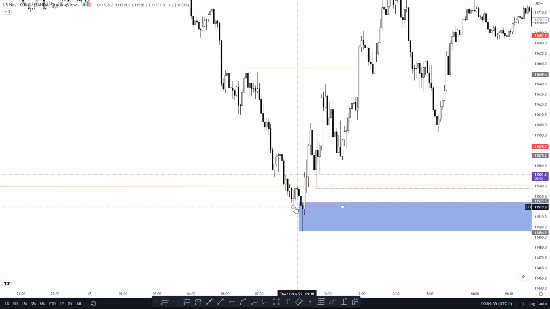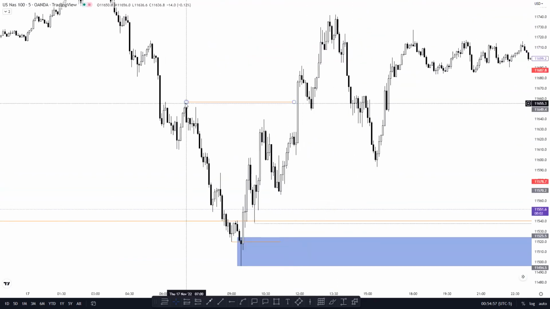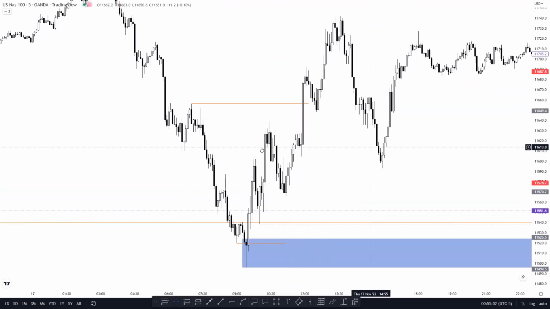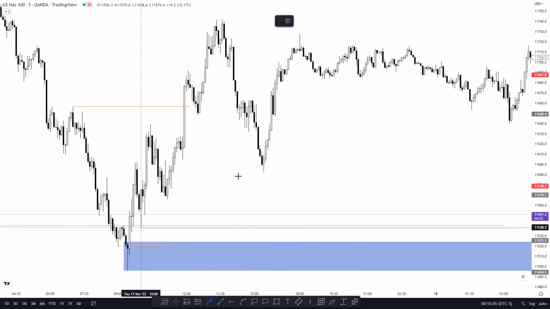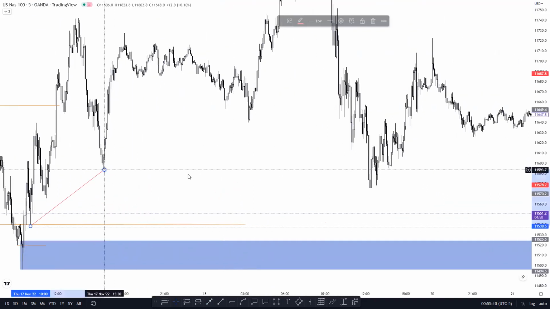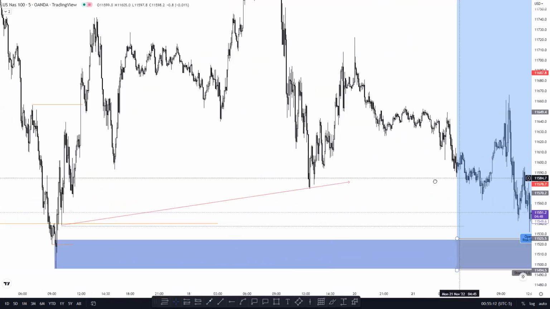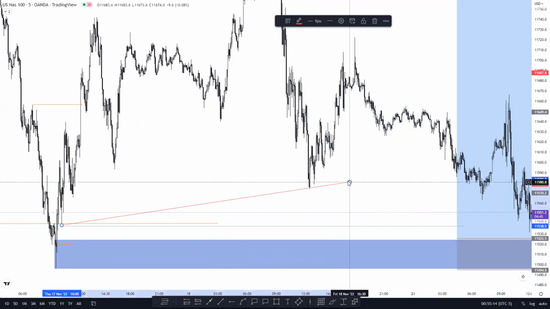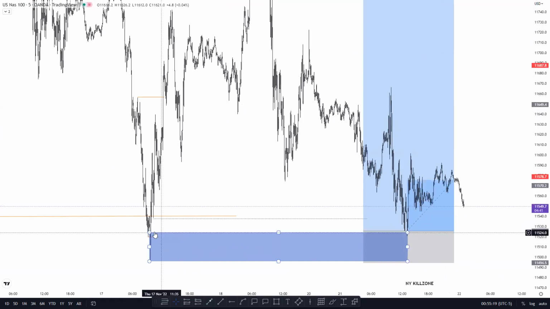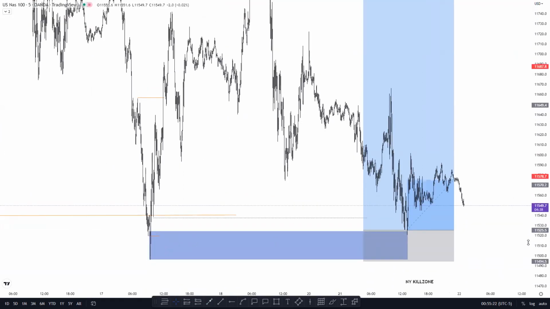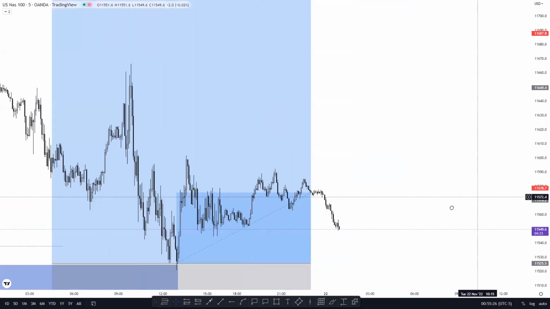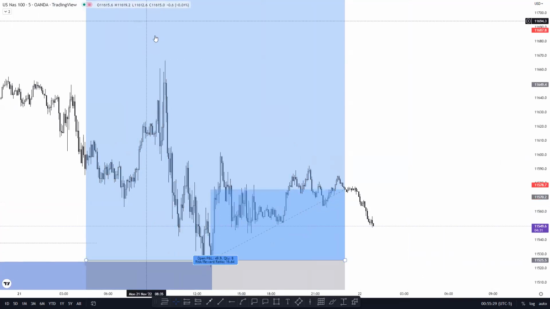After taking this out, it broke above this previous high, and we had this trend line kind of liquidity. So the market came in, tapped this candle and gave a nice buy move here. So same thing again.